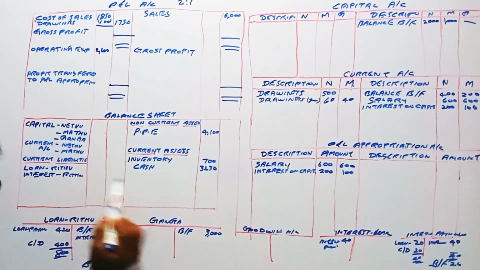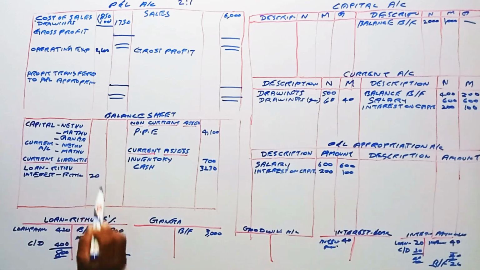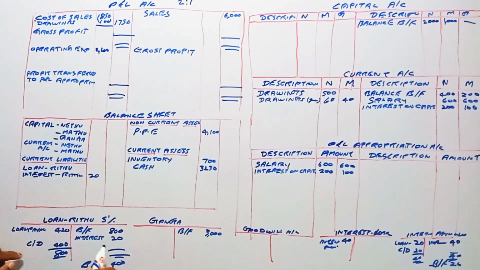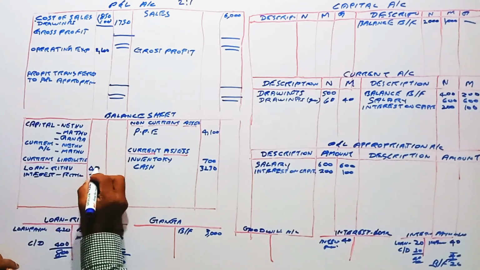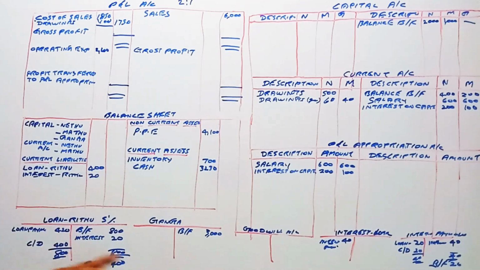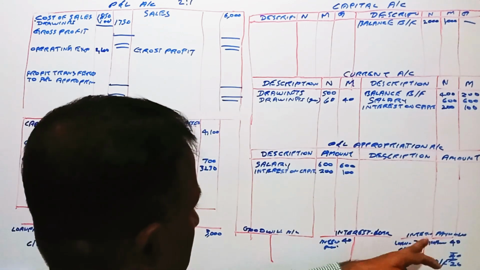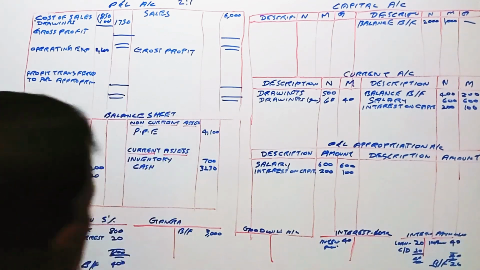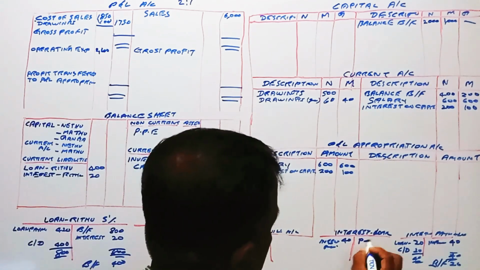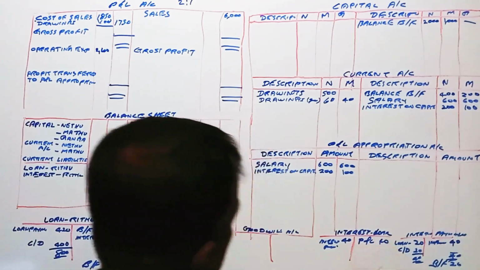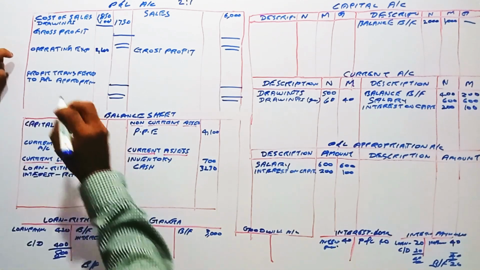That is 20, right? Loan is 400, interest 20 payable, that is transferred to the balance sheet. This one, interest taken to PNL, is 40 interest, right?